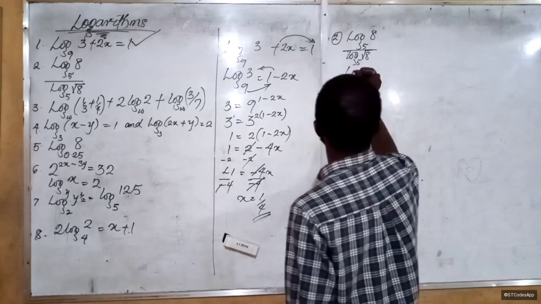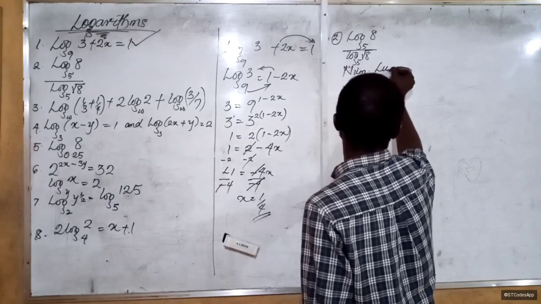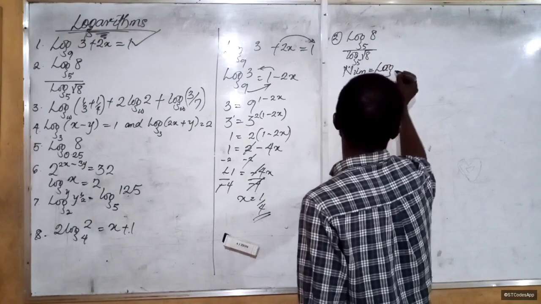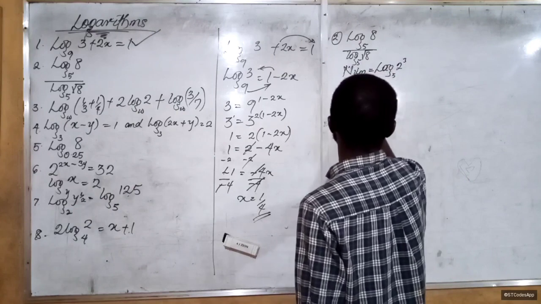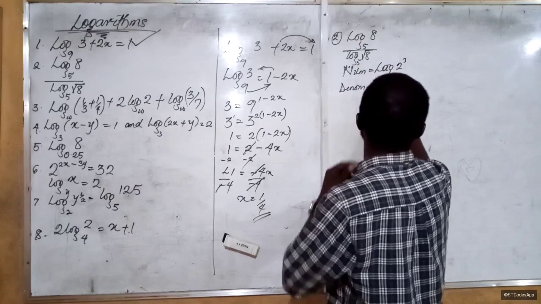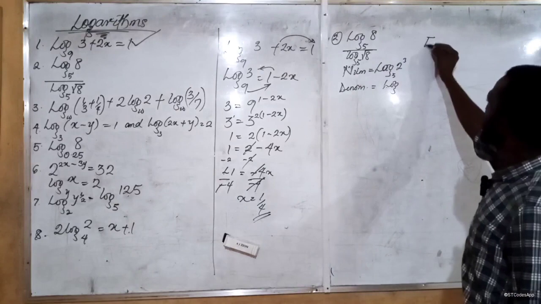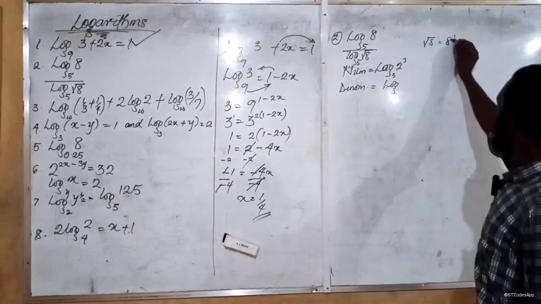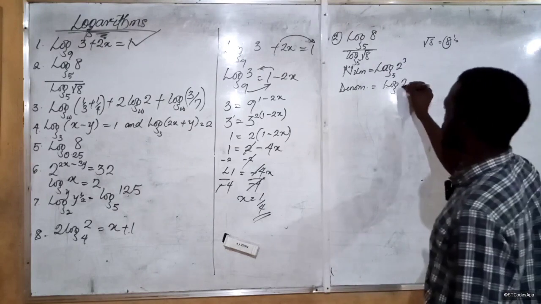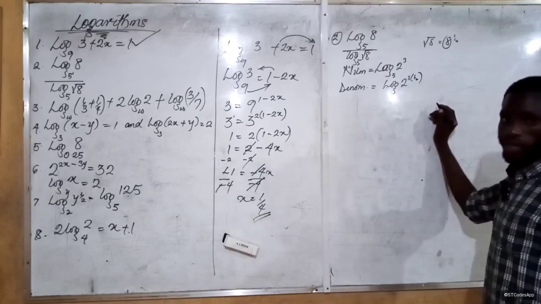Let's have the numerator first. The numerator becomes log to base 5 of 2 raised to the power 3. The denominator: root 8 means 8 raised to the power half, and 8 is already 2 raised to the power 3, so it becomes 2 raised to the power 3 all times half.